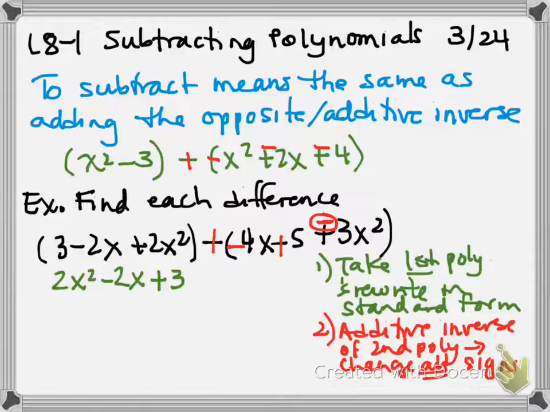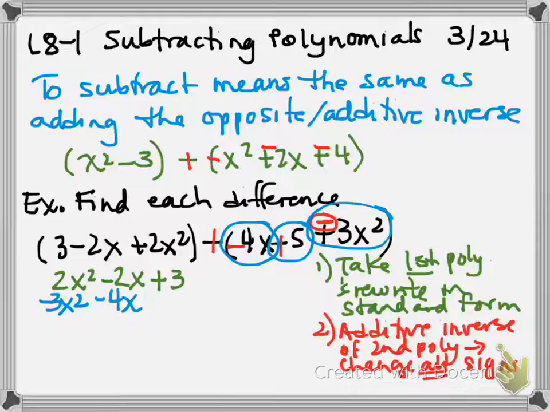So now the rest of it is just like what we did yesterday. So I'm going to take the negative 3x squared, pairing up with the 2x squared. I'm going to take the negative 4x and pair it up with the negative 2x. I'm going to take the positive 5 and pair it up with the positive 3. And now all we have is an addition problem. So signs are different on my x squareds.